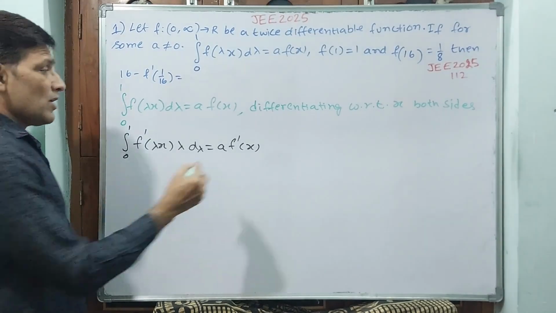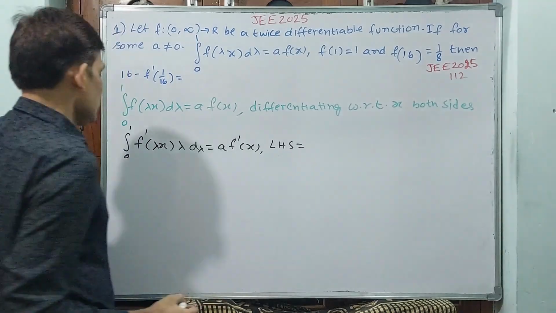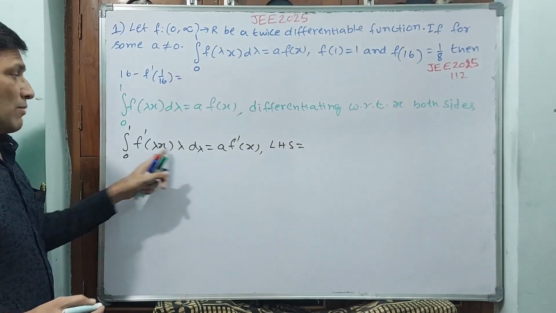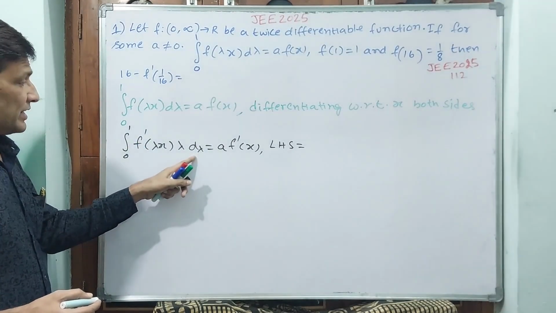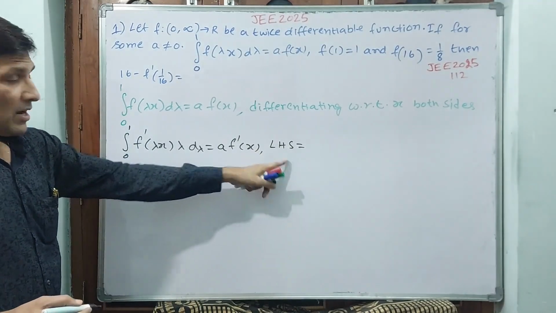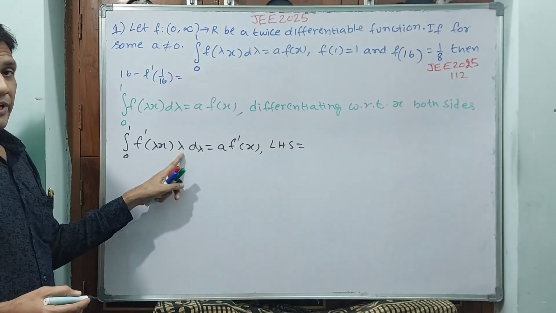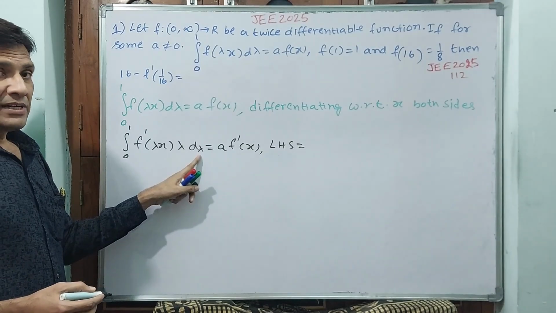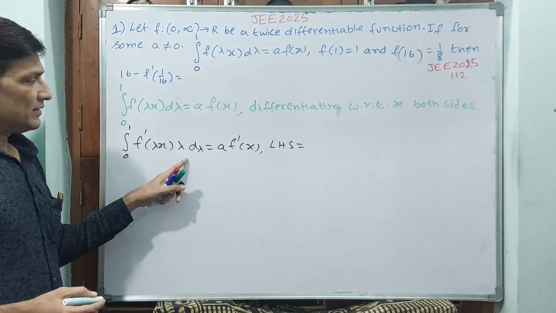Understand? Okay. Now LHS I am taking. I am doing this integration now. Why? Because I have differentiated, but now I am doing integration with d lambda only. LHS only I am taking. Afterwards we will equate it to a f dash x. I am taking lambda as u. Why? Because if you take it as u when doing with d lambda, then differentiation is automatically going to give 1. That is why I am doing this.